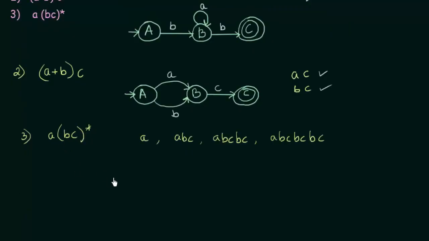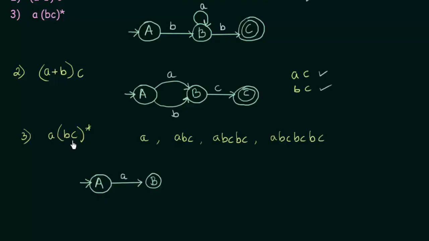So I'll start with a state which I will call state A, which will be my starting state or initial state, and I'll make another state here, B, and I'll say that A will go to the next state B on getting input small a. Okay, so we are done with this part. Now I need the closure of BC.